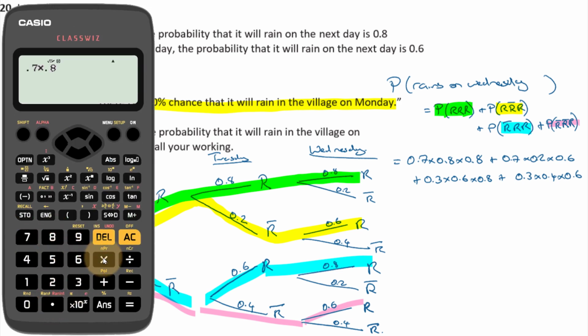So 0.7 times 0.8 times 0.8, that comes out to be 0.448.